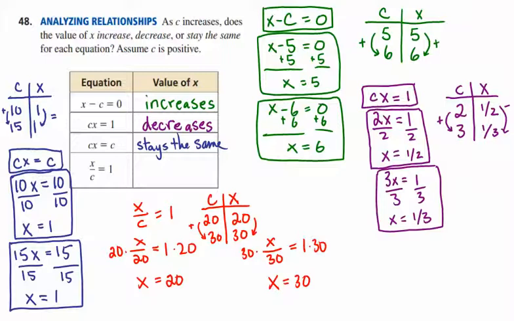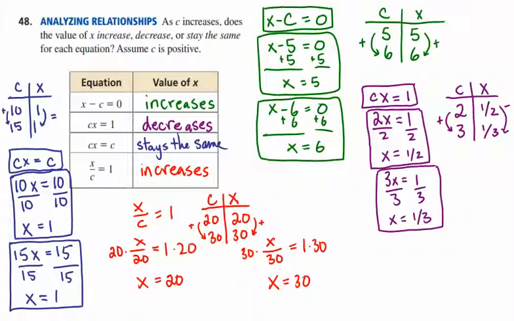The question is not, is x the same as c, which it is, but rather, does x increase when c goes from 20 to 30? Did x go up, go down, or stay the same? And the answer is that x also went up. So we say x increases as c increases.